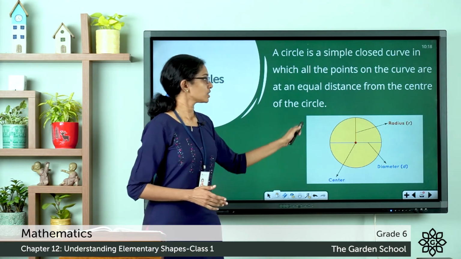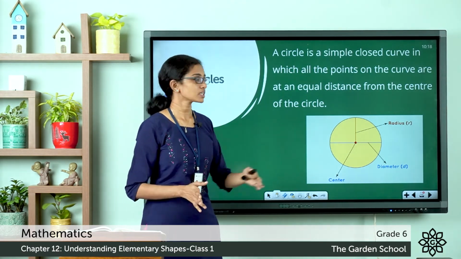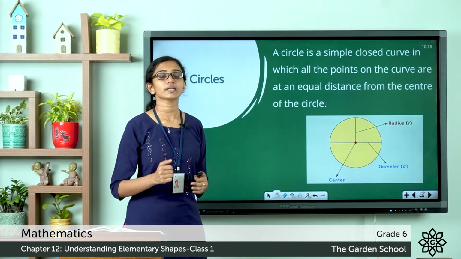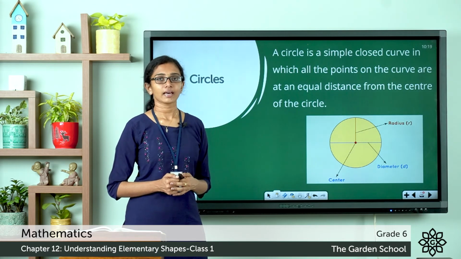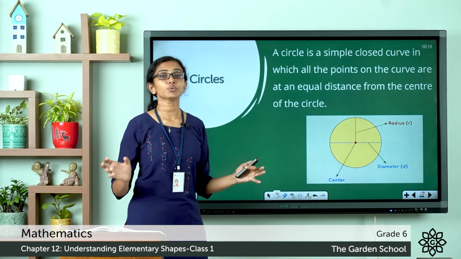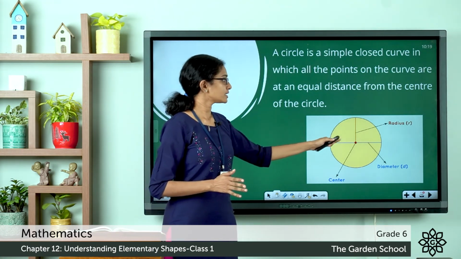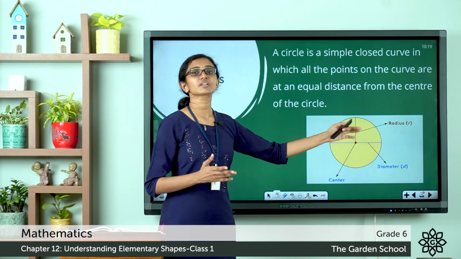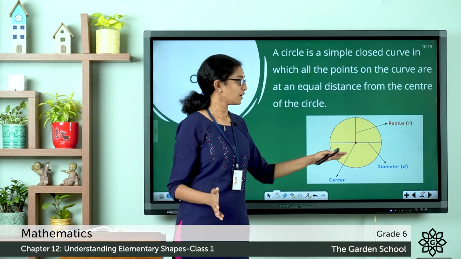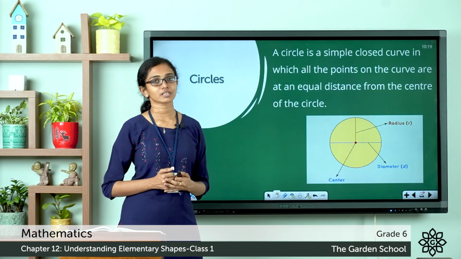The boundary of the circle is the outline, and the distance from the center of the circle to any point on its boundary is called the radius of the circle. A line passing through the center of the circle joining any 2 opposite points on the boundary is called its diameter. The diameter is 2 times the radius of a circle. If you cut the diameter into half, each part will represent a radius of the circle.